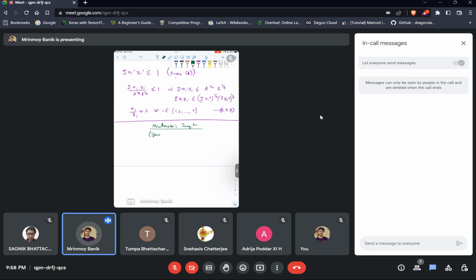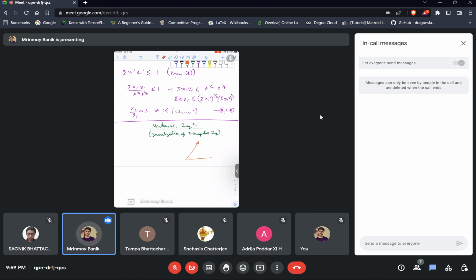So this is a generalization of the triangle inequality. So what does the triangle inequality say?